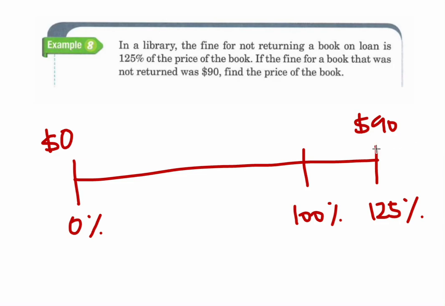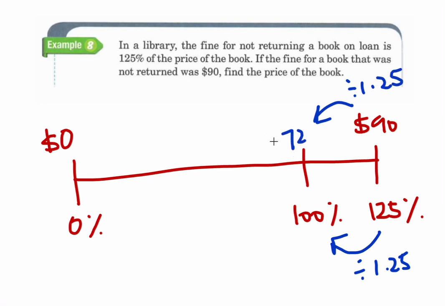Okay? So now we need to figure out 100%. So you can look for patterns like before, and you can figure out that 125 has to divide by 1.25 to get to 100. So then 90 also has to divide by 1.25 to get to our $72.